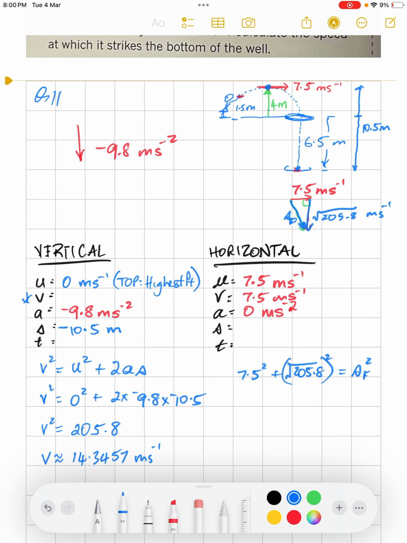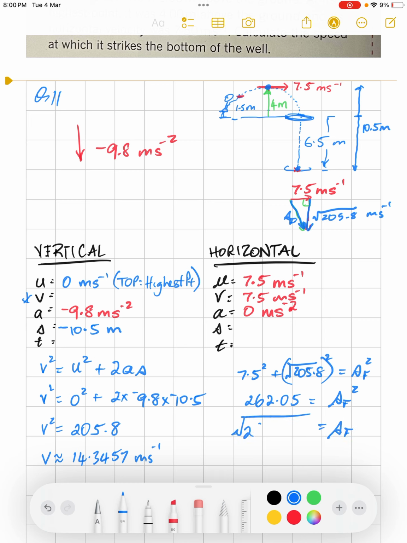So that's 7.5 squared plus 205.8, and now that's 262.05 is our square, get the square root of that, and that is our final speed.